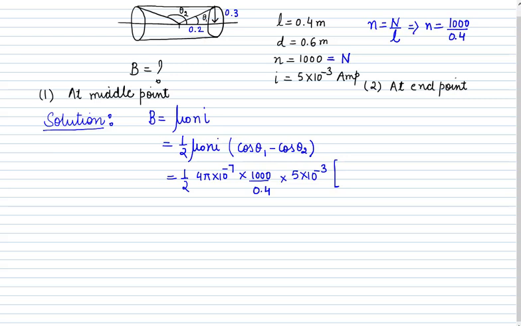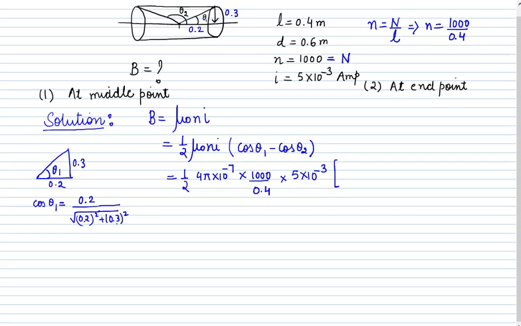So if you want to calculate the cos theta 1, then this base is given to you and this perpendicular is given to you. So here you can make a triangle. If this angle is say theta 1, then this value is 0.2 and this value is 0.3. Then cos theta 1 will be equal to 0.2 upon this hypotenuse, which is root of 0.2 square plus 0.3 square.